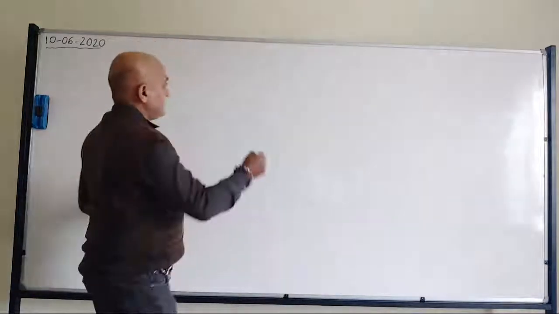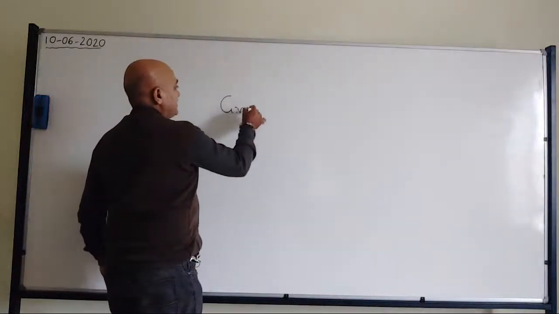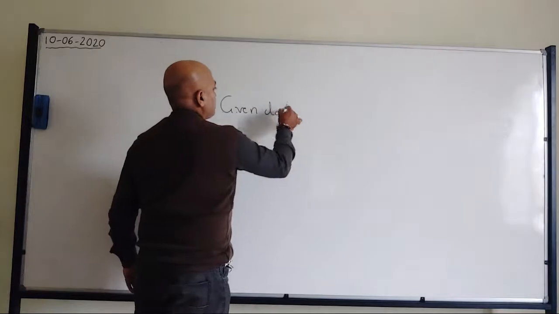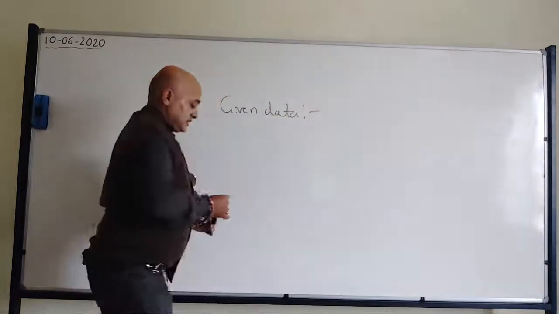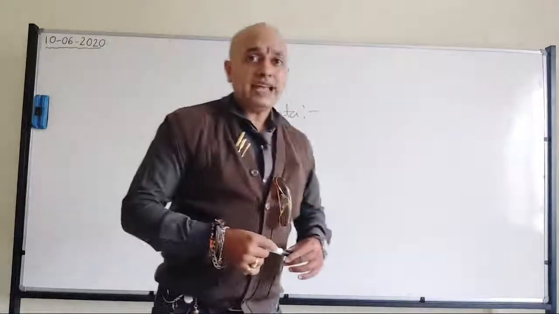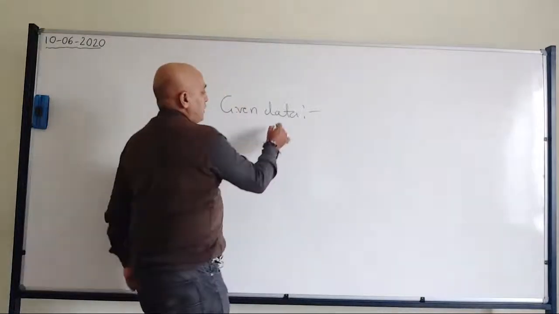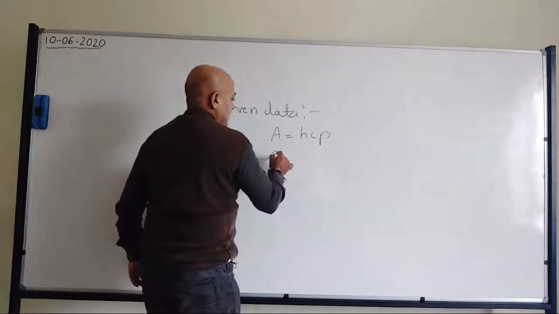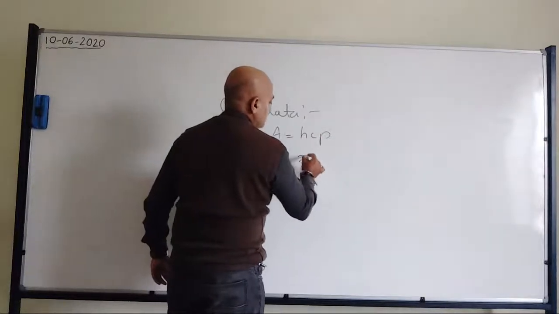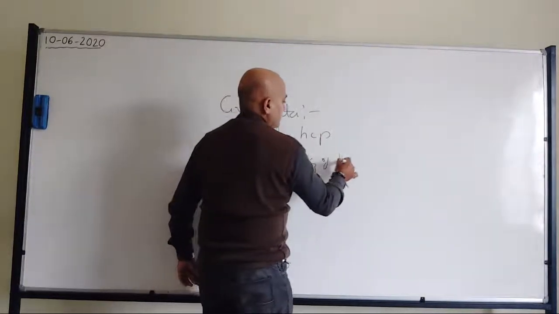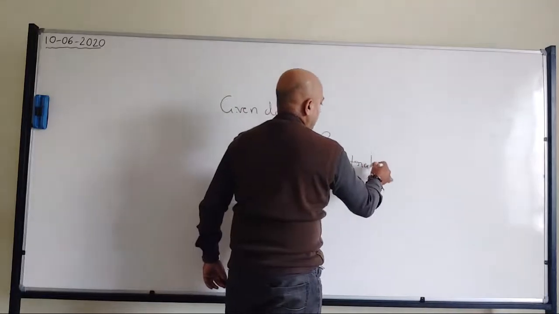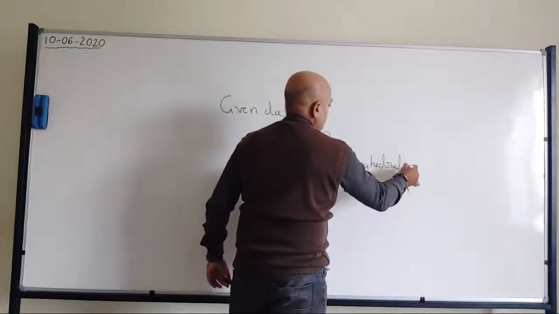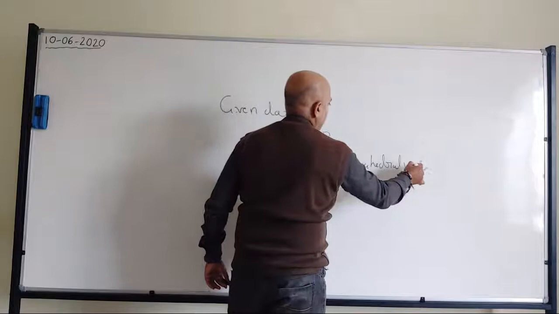I will give a hint. What is the given data? They have told us B will form HCP, right? And A will occupy 2/3 of the tetrahedral voids.